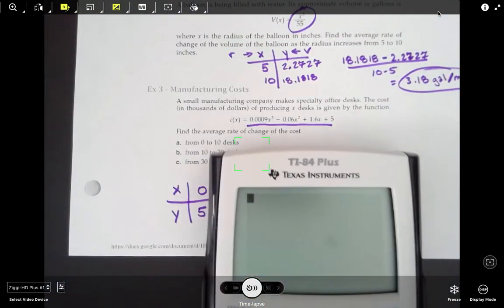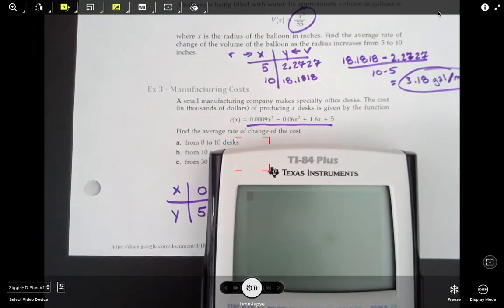So I'm going to do 0.0009 times 10 to the third power minus 0.06 times 10 squared plus 1.6 times 10 plus 5.